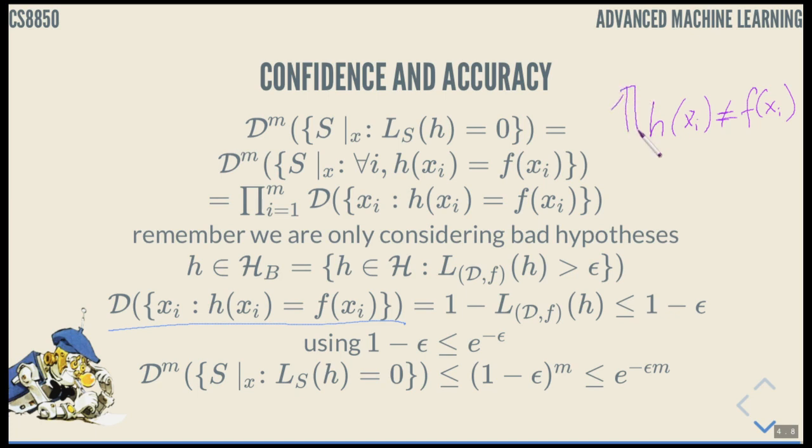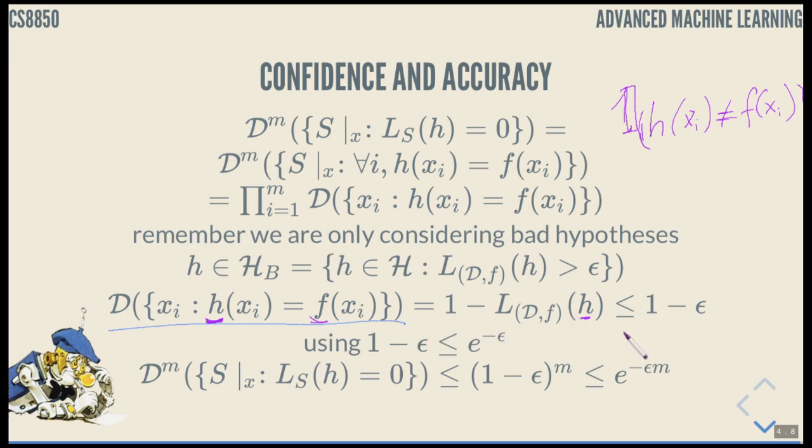It really counts: we have an indicator function that returns 0 when this is true, or when this is false, and 1 when this holds. So the probability of getting a misleading hypothesis that matches the truth is 1 minus the loss of this hypothesis.